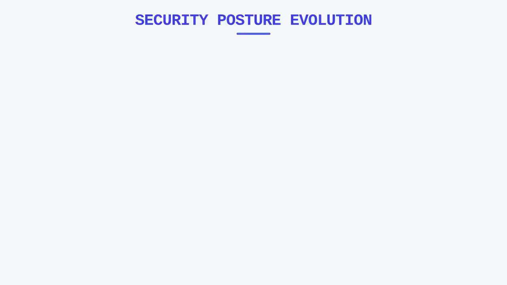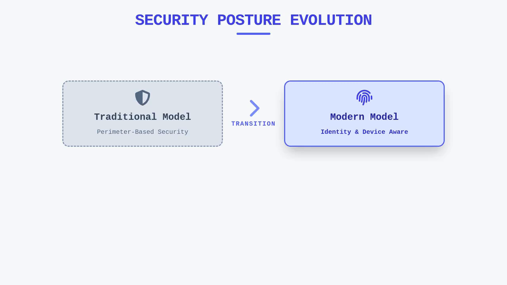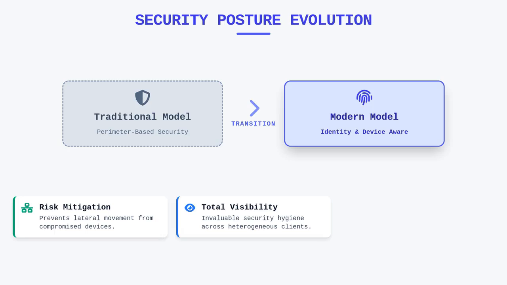By implementing these checks, you transition from traditional perimeter-based security toward a more robust, identity-aware, and device-aware model. This approach minimizes the risk of compromised or neglected devices serving as an entry point for lateral movement within your network. While the initial setup of these profiles across heterogeneous client environments can be complex, the visibility gained is invaluable for maintaining security hygiene.